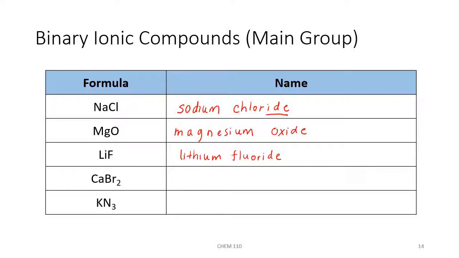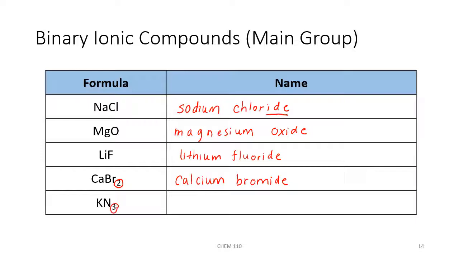CaBr2. Now we don't need to do anything with this number 2 here. That's the appropriate chemical formula, but when we're converting a formula to a name, we simply name the metal, which is calcium, and then we name the nonmetal, which is bromine, only we change that to bromide. Same with K3N.